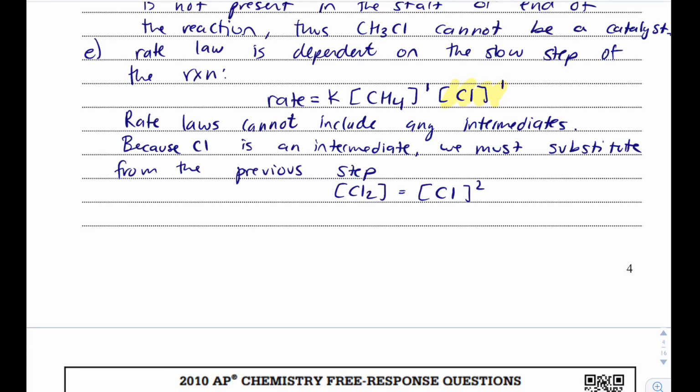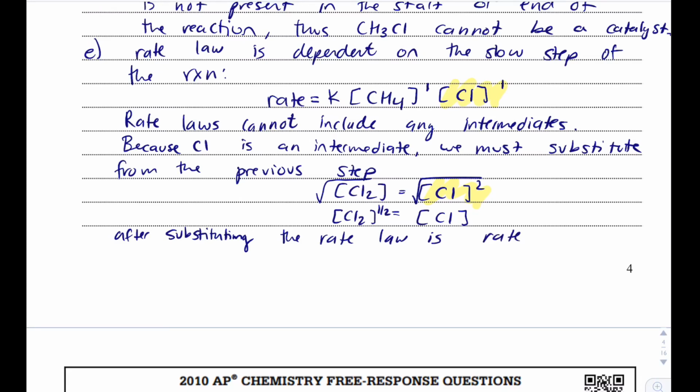And so since chlorine is to the second power here, we're going to have to take the square root of each side, and what we're going to get is Cl equals Cl2 to the 1/2 power. So after substituting, the rate law is rate equals K CH4 and then Cl2 to the 1/2 power.